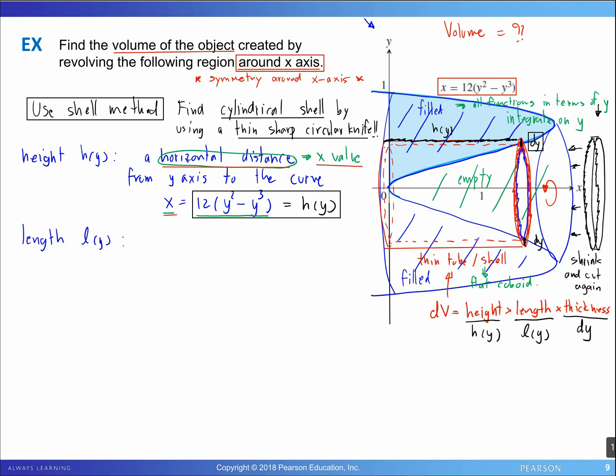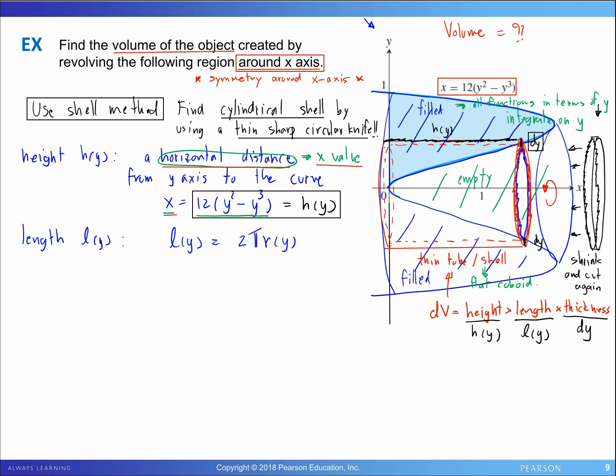And now we know that the length L of y is going to be equal to the formula for the circumference of a circle, and that is 2 pi r. Since this has to depend on y, a function of y, it means that the radius has to be a function of y too. Radius is different at different values of y, depending on the location.